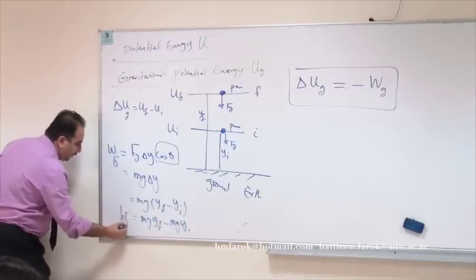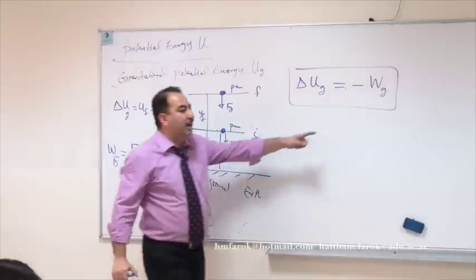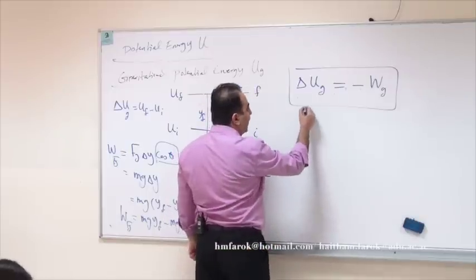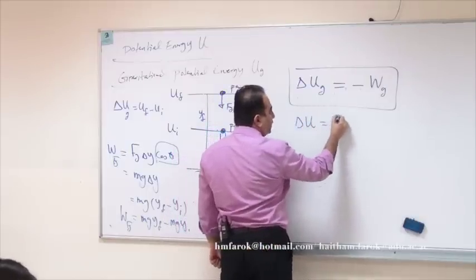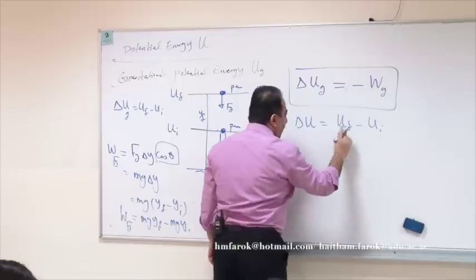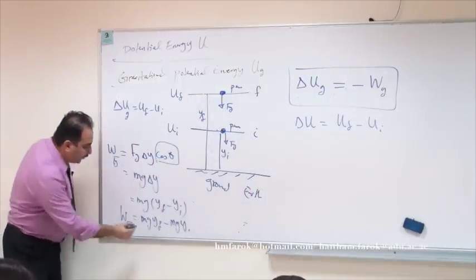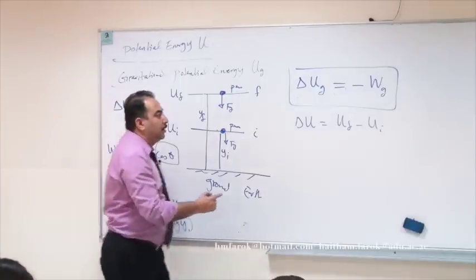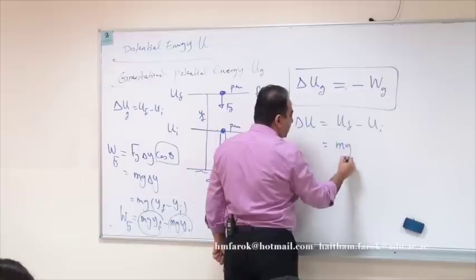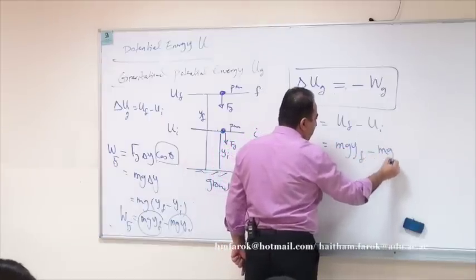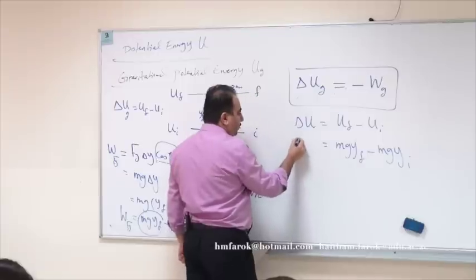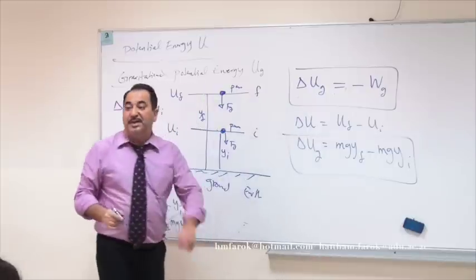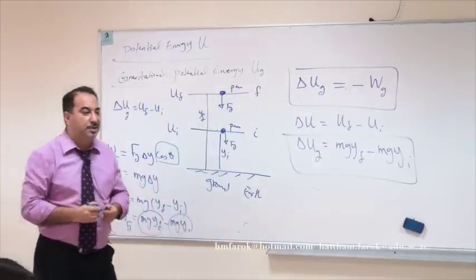This is the work of gravity. But what we said, work of gravity, so it's the same. So I can say now delta U is U final minus U initial, and each U is equivalent to mgy. So delta U is mg y final minus mg y initial. This is delta U of gravity.